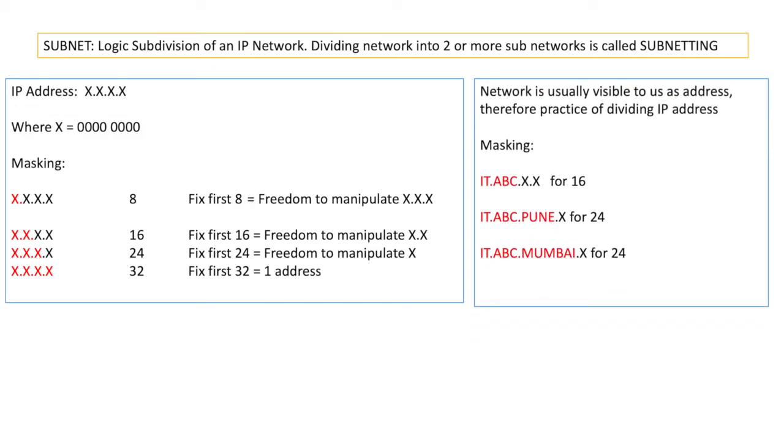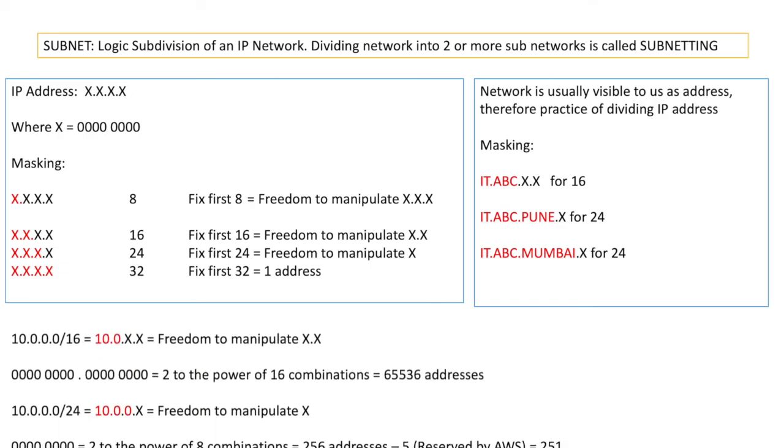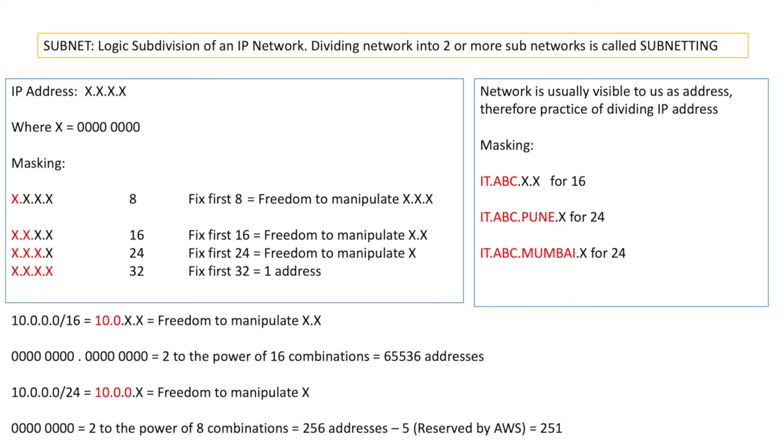Just a similar analogy, this is called masking. So if we are doing /16, it means we have fixed it.abc. /24 means we have fixed it.abc.pune. You just have the liberty of manipulating 2 to the power of 8 combinations. So that is again the same thing.